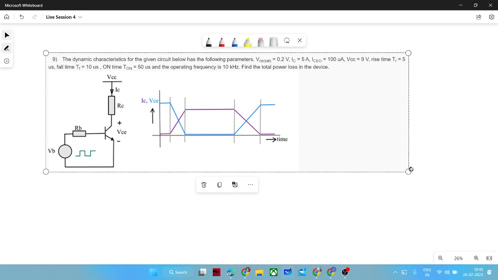Yes. See, they might think that someone may omit the minimum value of loss during turn off, during the off condition due to reverse current, ICEO. So many might forget to take that into account. Or generally they give a range just to qualify your answer in that zone.